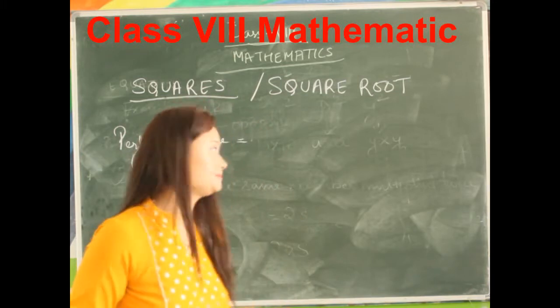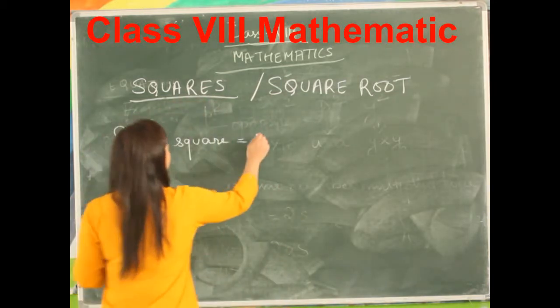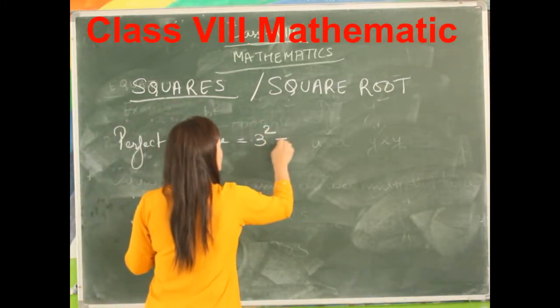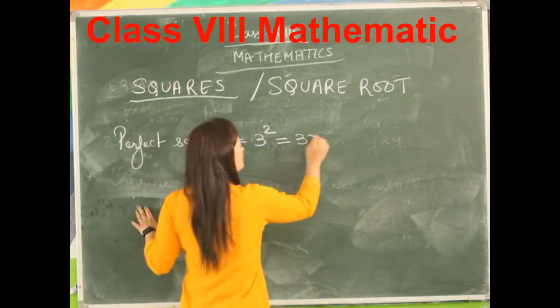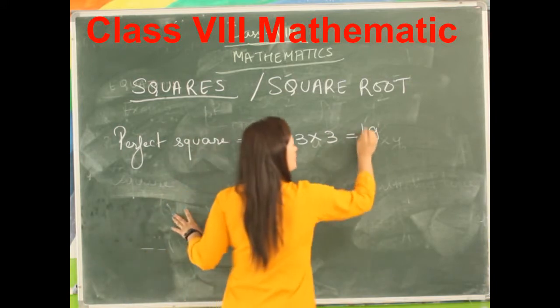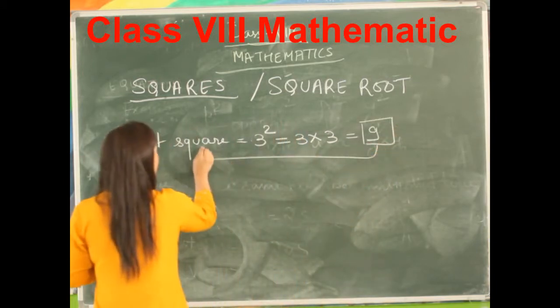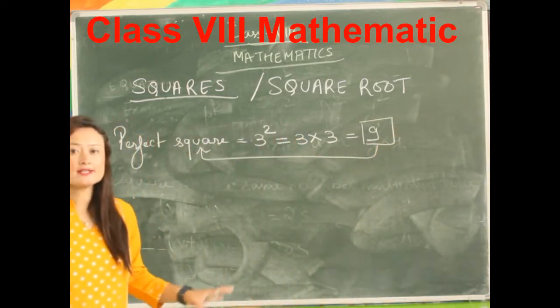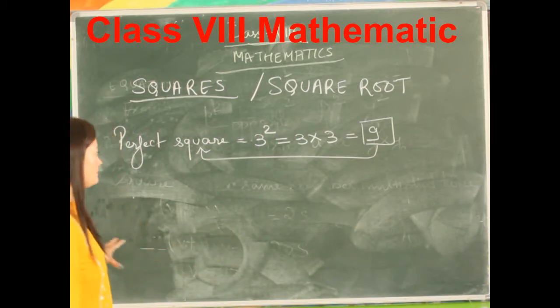For example, 3 squared. What is 3 squared? It's 3 into 3. And how much do we get? 9. So 9 is called your perfect square.